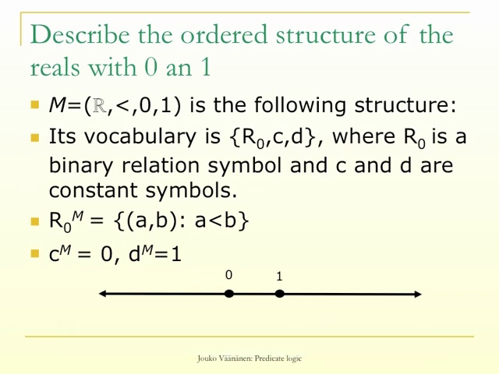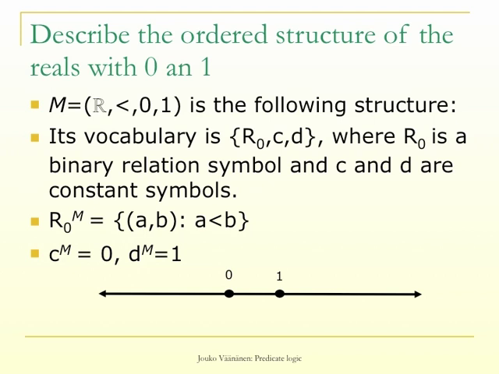So the vocabulary consists of one binary predicate R0, two constant symbols C and D, for example. They could be E and F also, but let's call them C and D. The interpretation of R0M is a set of pairs A, B such that A is less than B. The interpretation of C, Cm is 0, and the interpretation of D, Dm is 1.